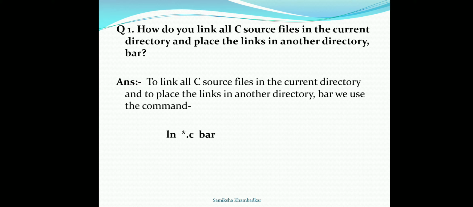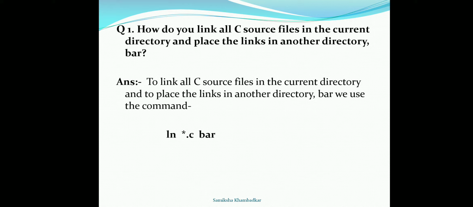My first question is, how do you link all C source files in the current directory and place the links in another directory bar? In order to do this, we use the command ln space star dot c space bar.